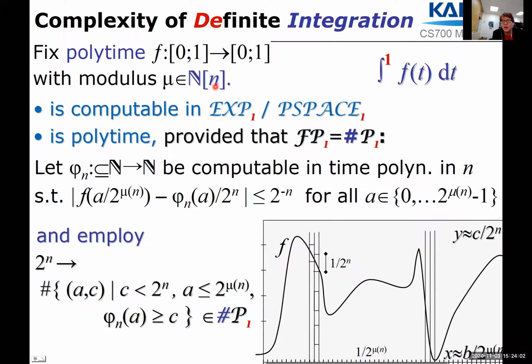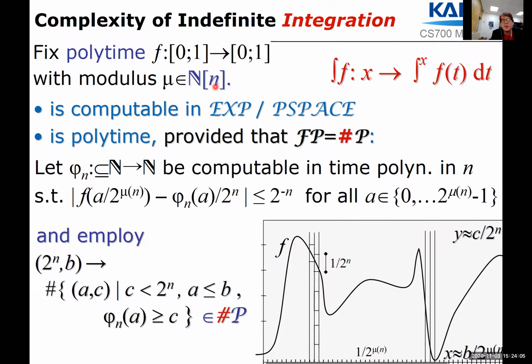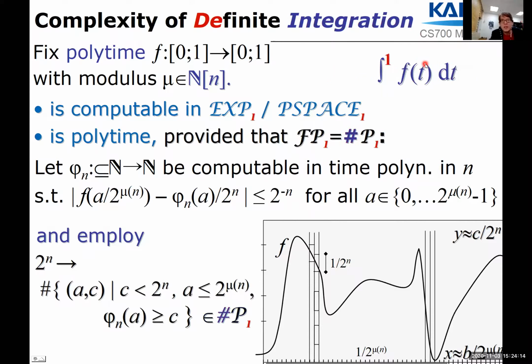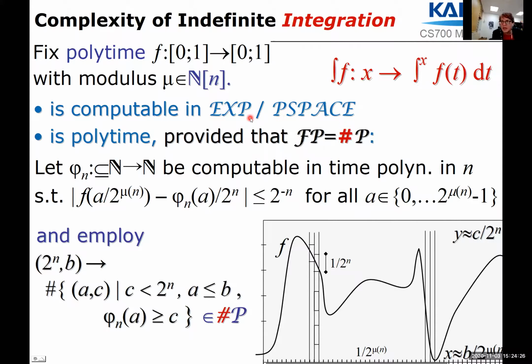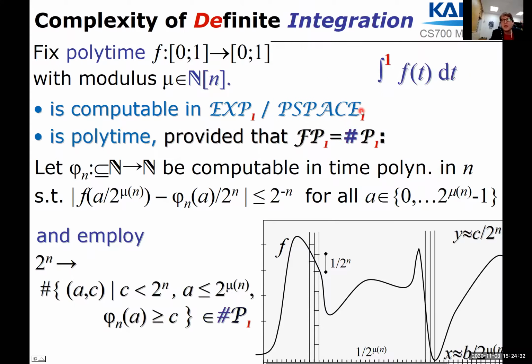The first thing I'd like to point out is that by moving from indefinite integration, where the upper integral parameter is part of the input, to definite Riemann integration, where the upper integration parameter and of course always the lower as well are fixed, that amounts to a difference in complexity from classical exponential time, classical PSPACE, classical sharp P, to their unary counterparts, which we introduced at the end of lecture session 4 on discrete complexity.